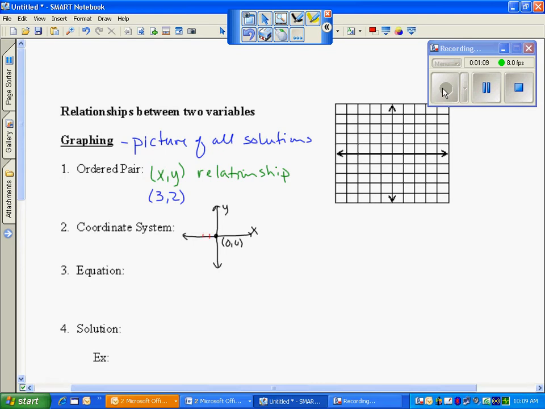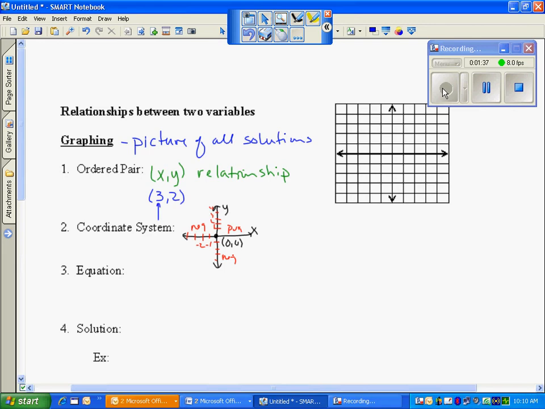If we look on this side, these are going to be negative values. On the right, positive values. Going up would be positive, and going down would be negative. Again, they're just two number lines that are intersecting. So if I want to look at the relationship 3 comma 2 in a coordinate system or on a graph, what I need to do is go in the x direction, positive 3.